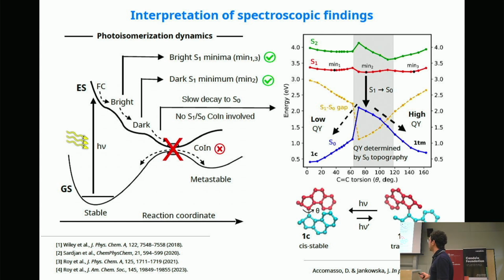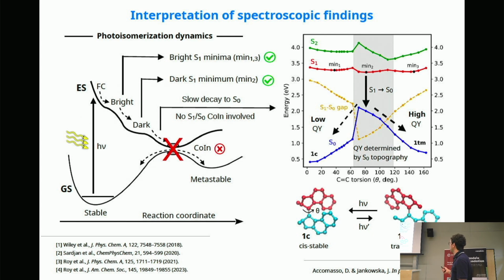Instead, the spectroscopically observed dark state can be associated with the dark S1 minimum. And our simulation also showed that the S1 to S0 transition only occurred from this S1 dark minimum, and that the photoisomerization yields are determined by the S0 potential energy topography.